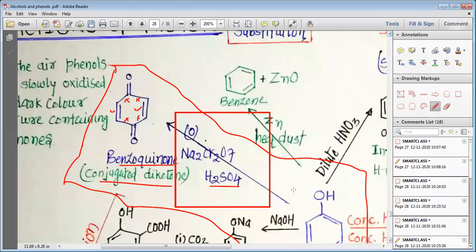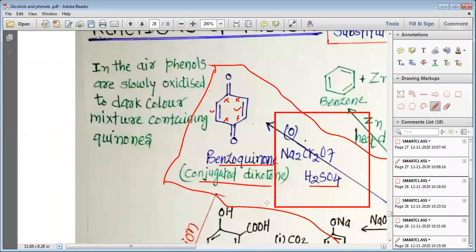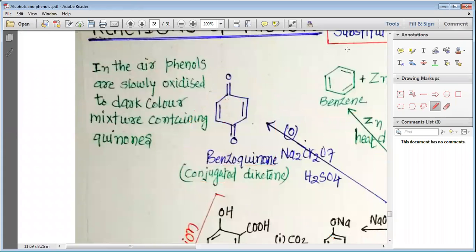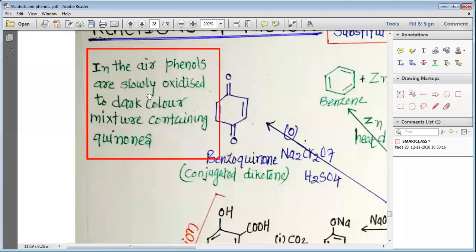Now a very important text for you, my dear students, that I have written here. What happens to phenol when it is kept open in the air? Please pay attention. In the air, phenols are slowly oxidized to a dark colored mixture containing quinones.